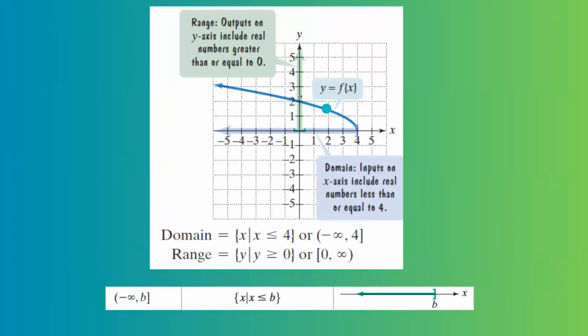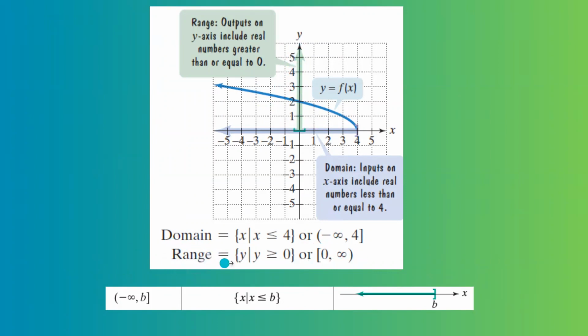The range of this function is on the y-axis. Note that the reflection of the graph on the y-axis only takes positive y values. Starting from 0, 0 is also included and going up to positive infinity.